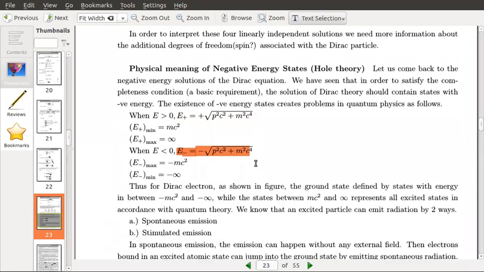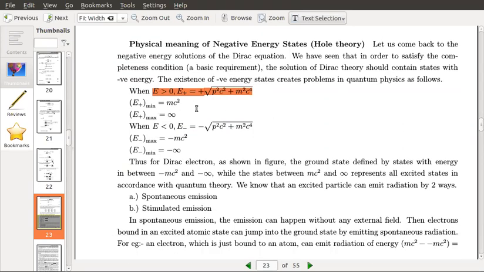Okay. Now you take the positive energy case. Let us first see what the problem is, then we will find the explanation for that. So you put E plus equal to this quantity. Now let the particle be at rest. When the particle is at rest, p equal to 0, that is the minimum energy.